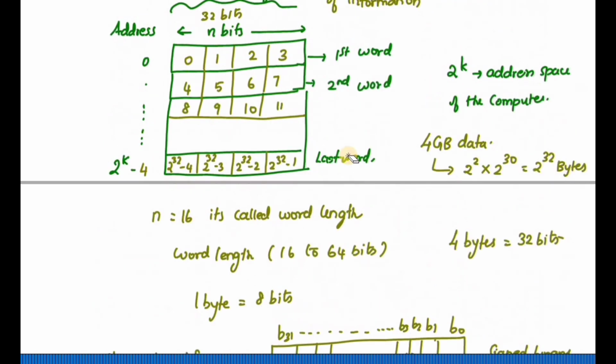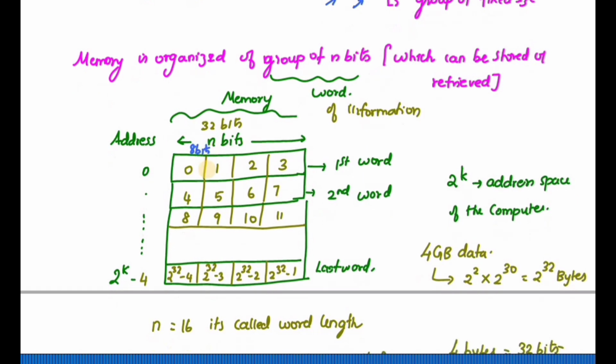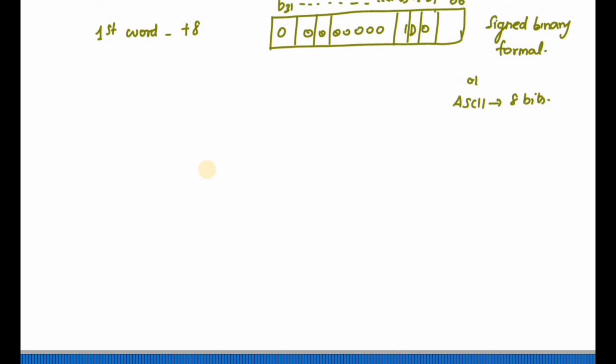In this case you can see my memory locations 0, 1, 2, 3 and so on. It is a memory location we are assigning for 8 bits, for each byte. So that is why it is called byte addressable memory.